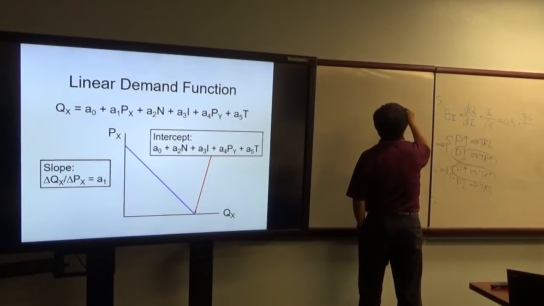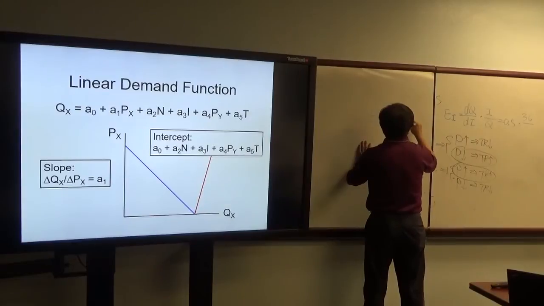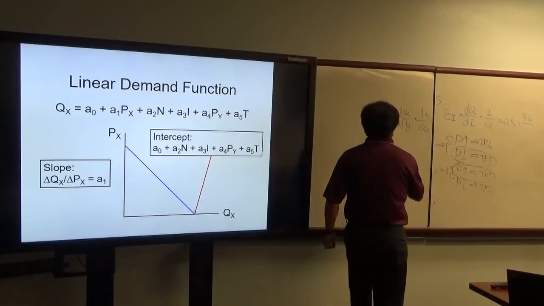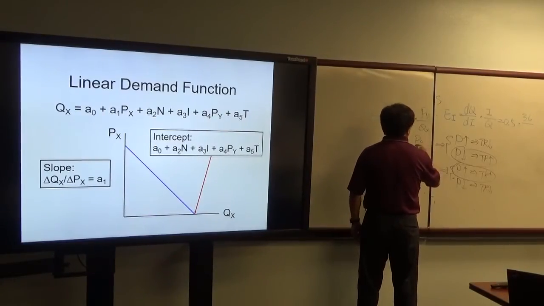It's equal to dqx, the quantity with respect to Py, then times Py over qx. dq over dpy is what? A4. That's A4 times the price of y divided by qx.